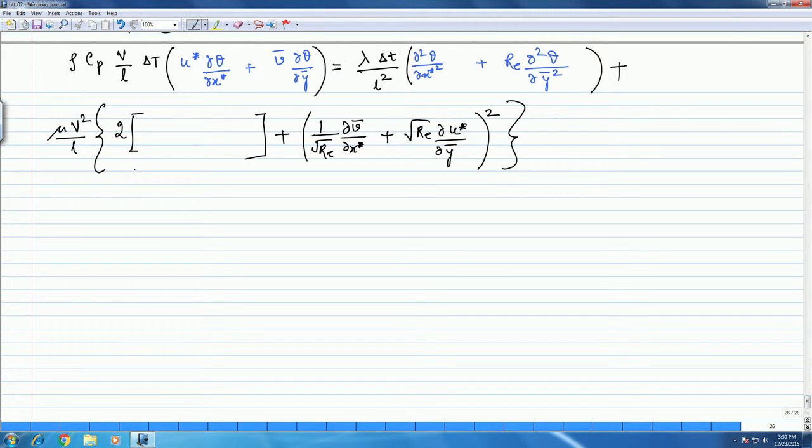So then this is del U star del X star square plus del V bar del Y bar square. Now, the detailed derivation of this is something that you can look at. Well, I will basically post it. So this is essentially equation 10.